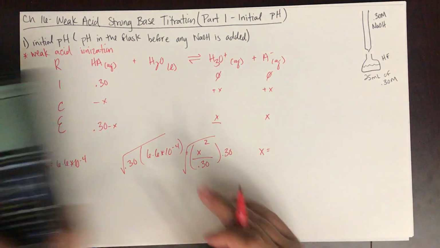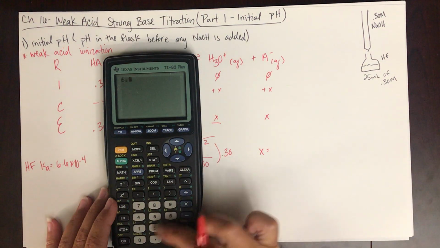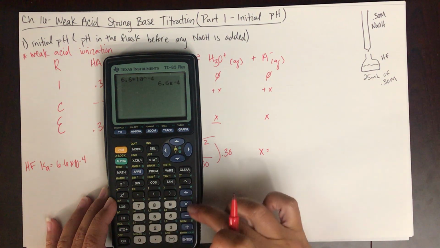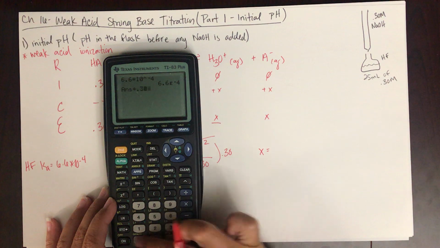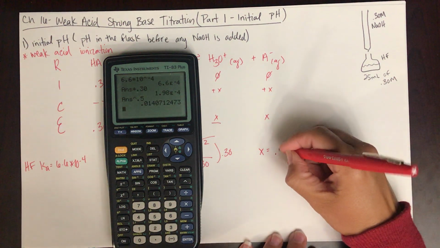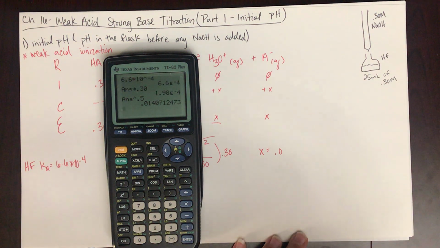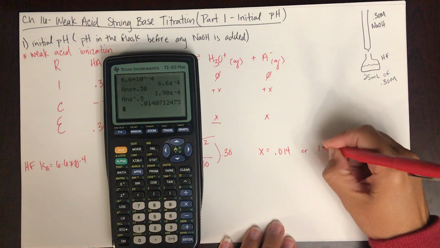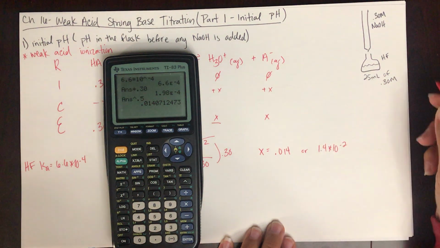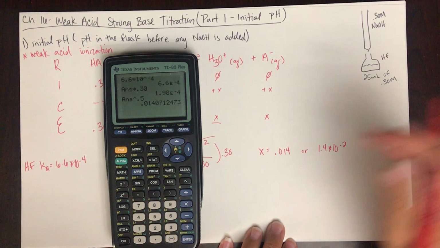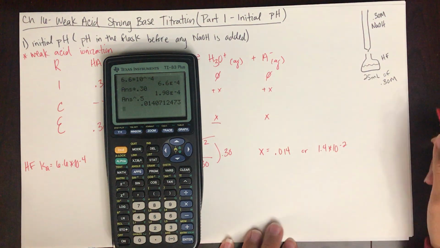X equals the square root of 6.6 times 10 to the negative fourth times 0.30, which is 0.014 or 1.4 times 10 to the negative 2. So that is my X, that's my hydronium ion concentration.